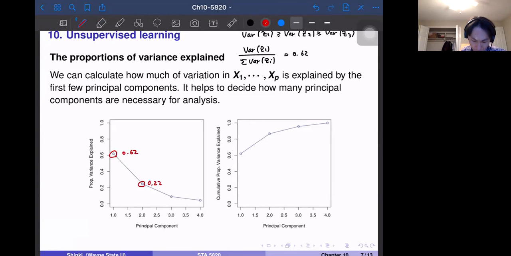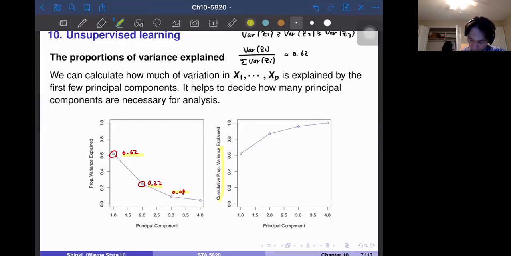So the first two components include 84% of the variance, maybe. And if this is 8%, then already this is 92%, and so on. When these numbers are higher, it's better. It's more efficient to use the principal components.